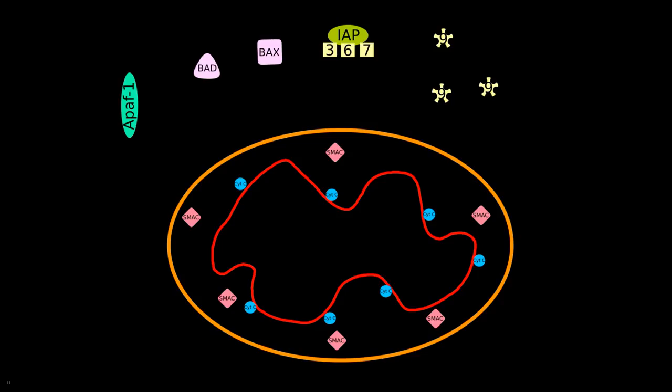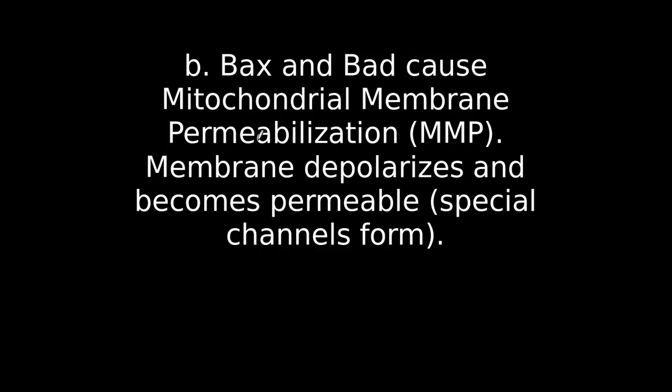To begin this process, some stressful stimuli is going to cause 2 proteins, BAD and BAX, to bind to the outside of the outer membrane of the mitochondria. So these 2 guys up here, BAD and BAX, bind to the mitochondrial outer membrane.